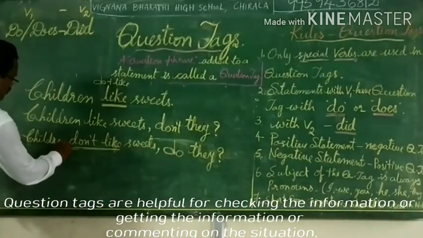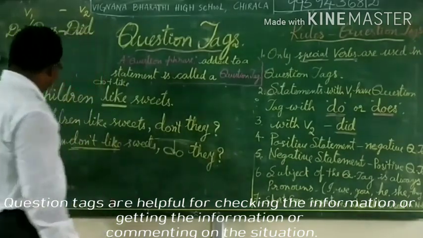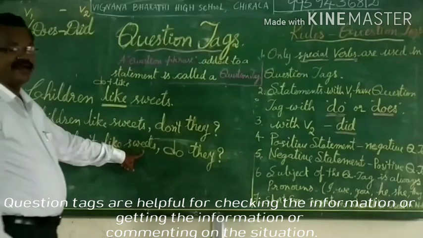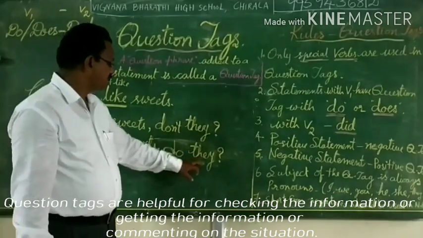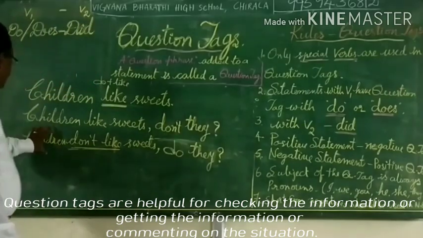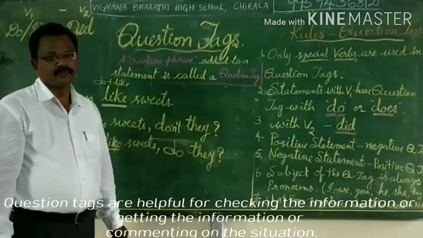Children plural, that is why they. Do they? Children do not like sweets, do they? This is a negative statement that got a positive question tag.